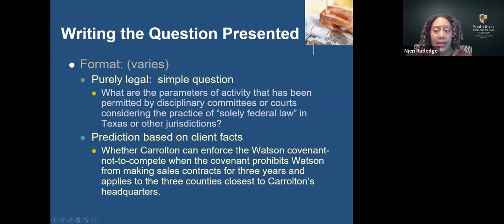We're going to do mainly predictive, so let's focus on that. Your predictive question should be based on the client facts, because your prediction, let's face it, is impacted by those outcome determinative or essential facts. For example, whether Carrollton can enforce the Watson covenant not to compete when the covenant prohibits Watson from making sales contracts for 3 years and applies to the 3 counties closest to Carrollton's headquarters.